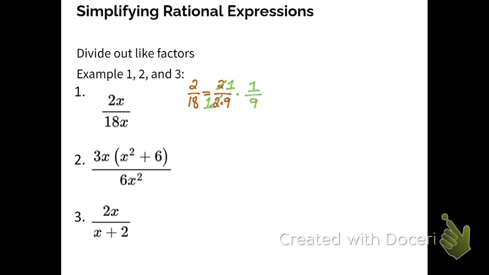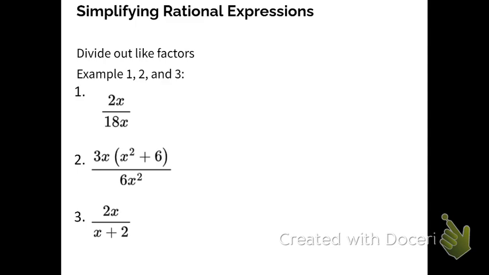So what we're going to do is something similar here, except for now, instead of just working with numerical values, we've added in variables as well with our polynomials. So instead of just 2 over 18, we've got 2x over 18x. And instead of just simplifying 2 over 18 to 1/9, we can also simplify the x over x.